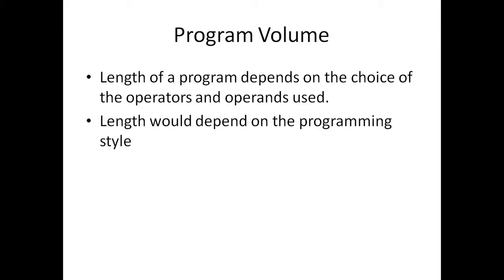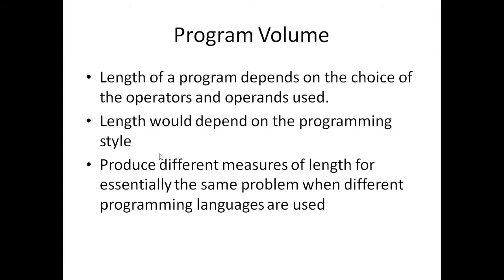If two programmers are asked to write the same program, the total number of operators and operands for those two programmers will be different. It would depend on the programming style, and it also produces different measures of length for essentially the same problem when different programming languages are used. So for writing the same program in two different languages also, the measure of length will change.